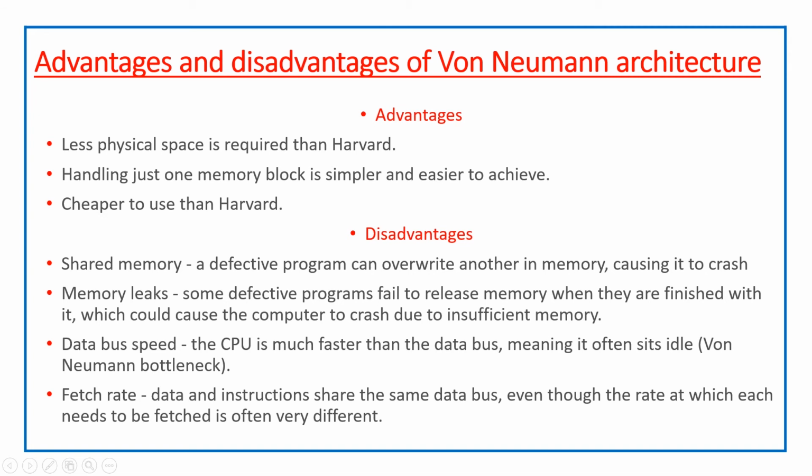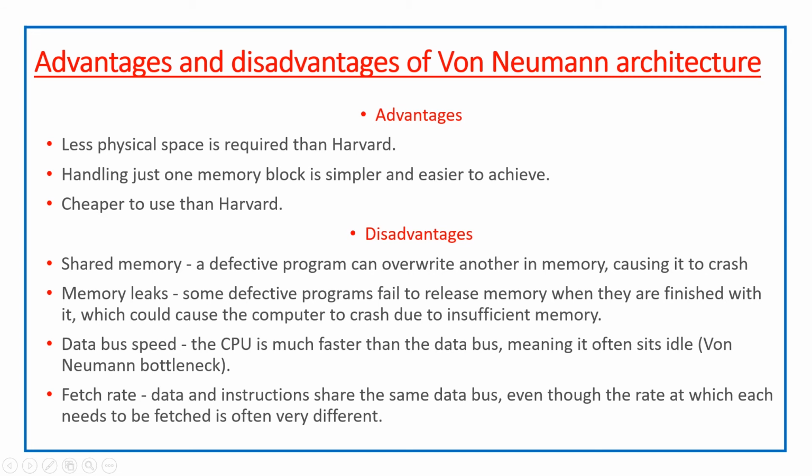Next point is the fetch rate. Data and instructions share the same data bus even though the rate at which each needs to be fetched is often very different. That means we have a single bus for data and instruction.